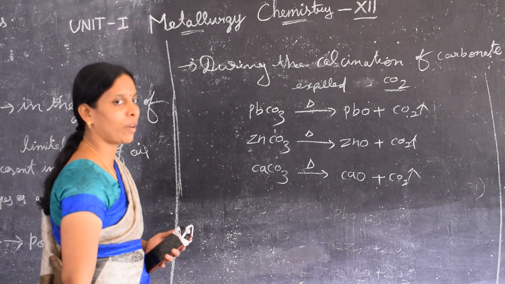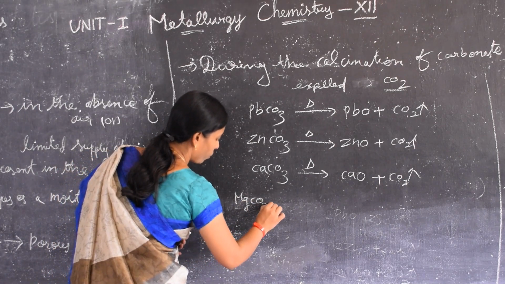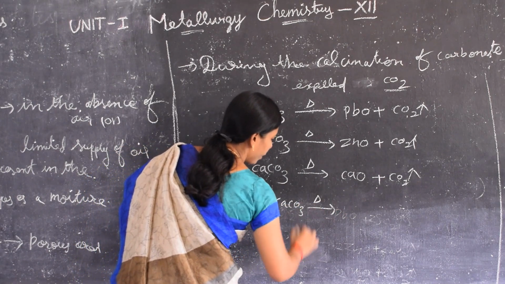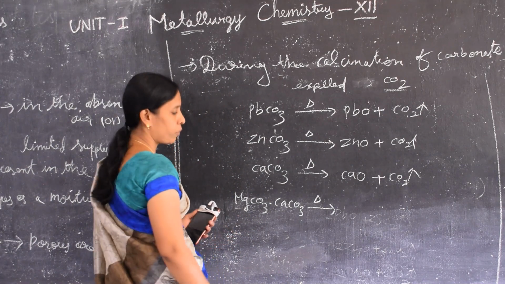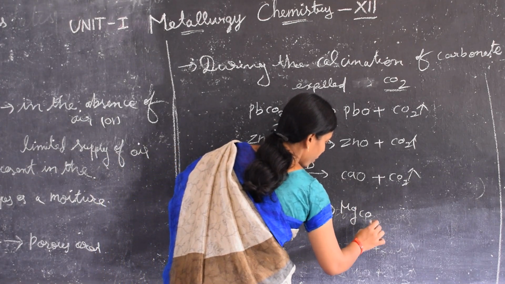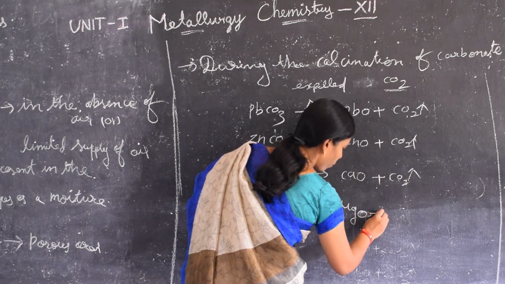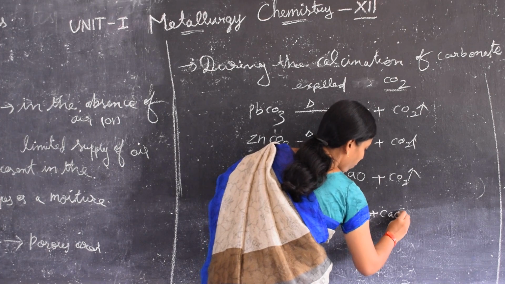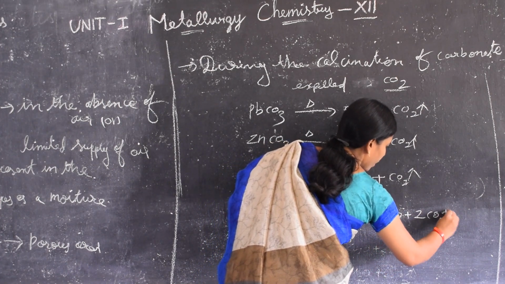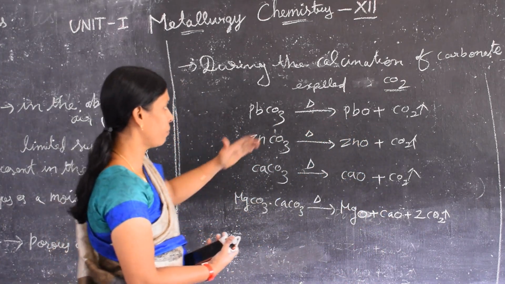Okay, and then dolomite ores, that is MgCO3, CaCO3 is strongly heated in the absence of air to form MgO plus CaO and 2 moles of carbon dioxide expelled from this dolomite compounds. என்ன பண்ணணும்?